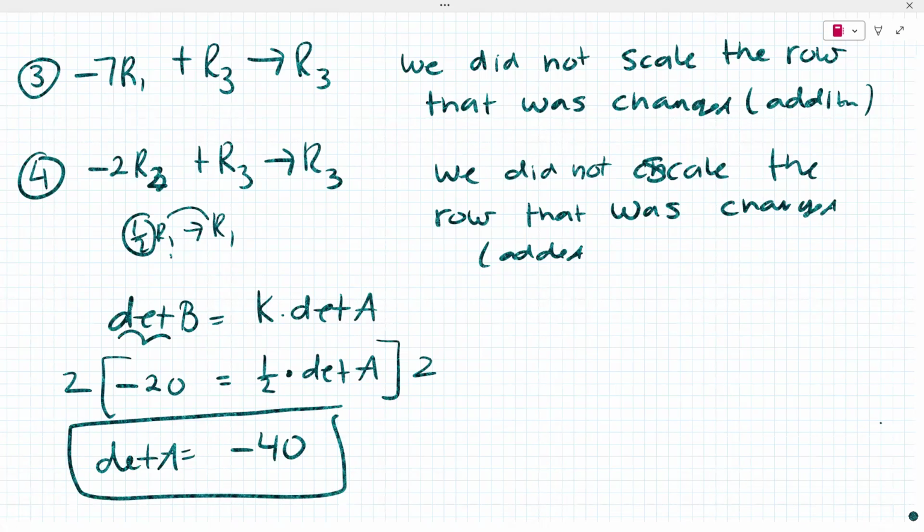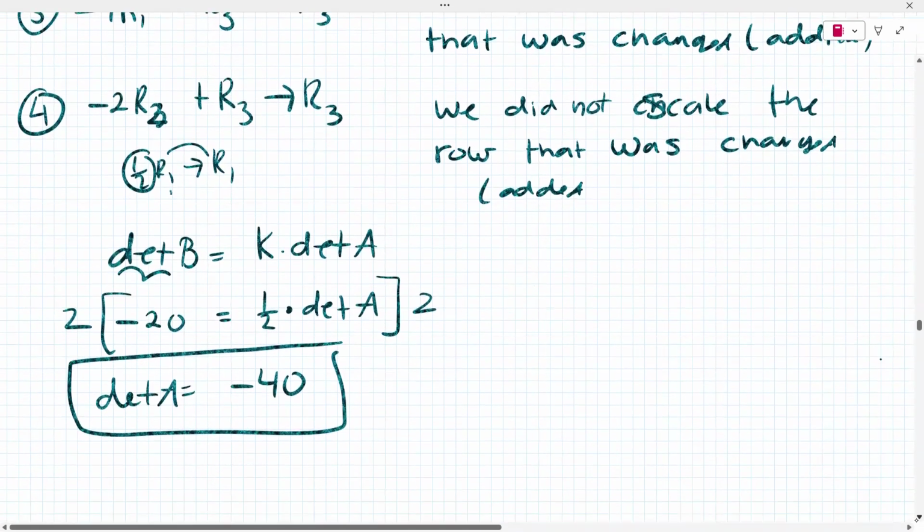So yeah, that was a 3 by 3 matrix. We can do the same process for a larger matrix, like a 4 by 4 and beyond. So let's do example 14.